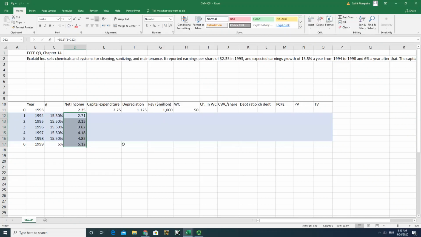Looks good. Let's double check to make sure each cell is correct. Here you have the estimates of growth rate, and the estimate of net income based on its growth rate. For capital expenditure as well as depreciation, it's the same. So you can copy this cell to the right.